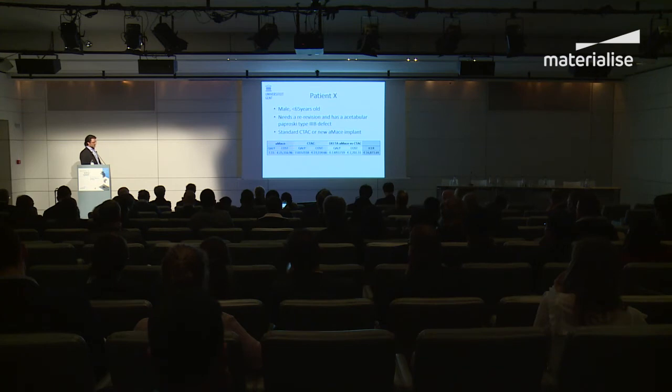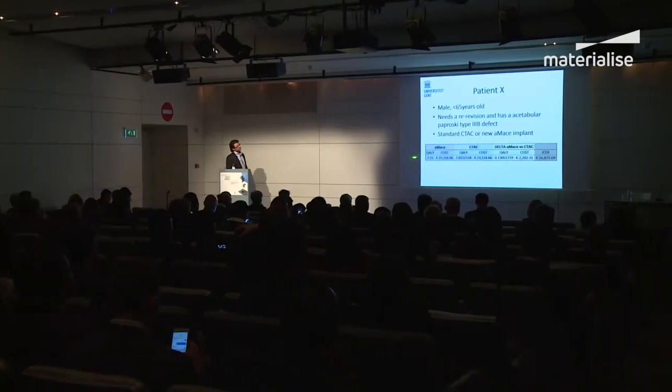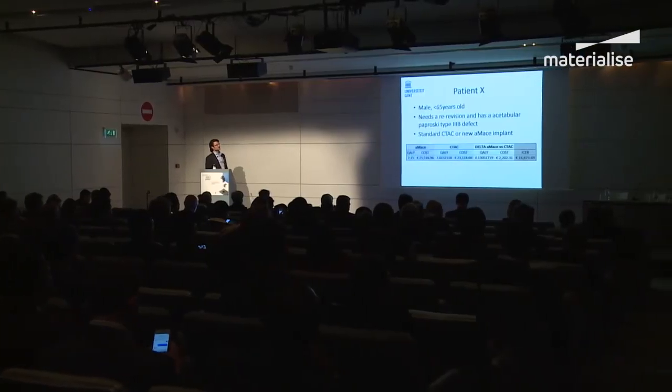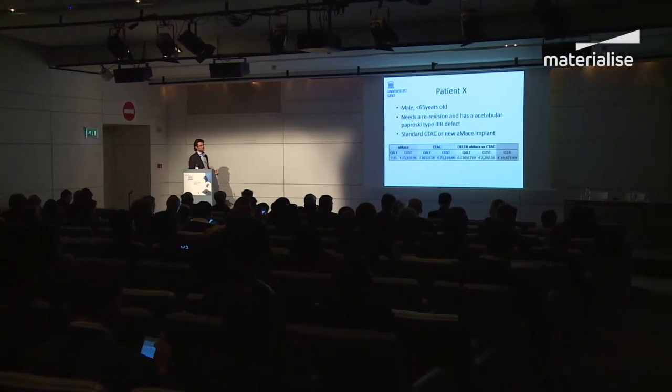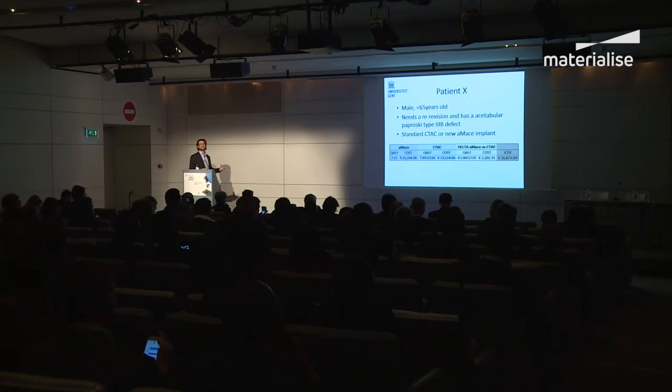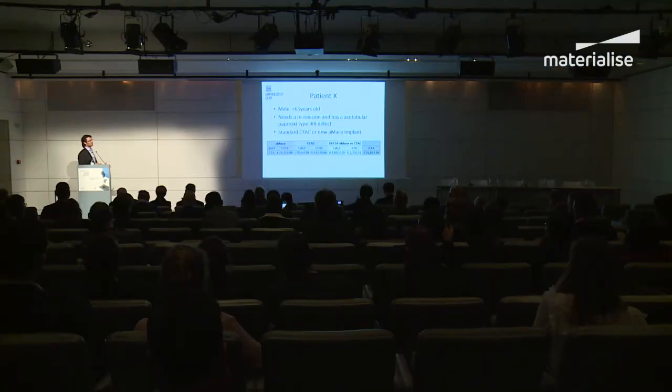And as you can see, the quality is a bit higher with the new implant than with the standard of care. But as expected, the cost is also a bit higher. The new implant is actually twice as expensive as the current standard of care. So that is the main driver of the cost.